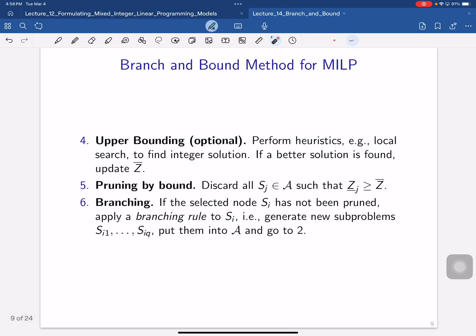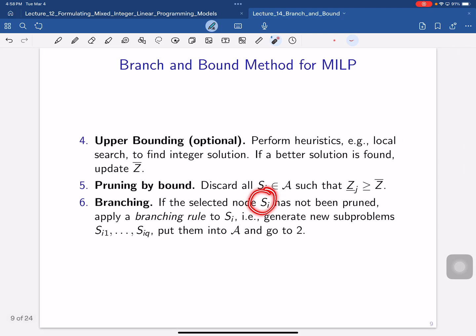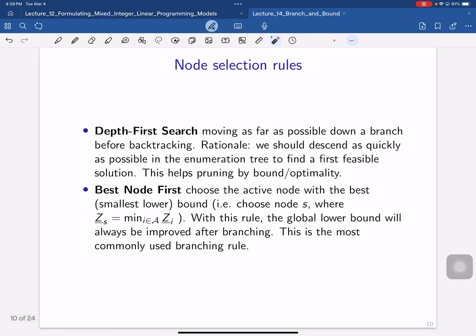After you solve the relaxation at node Si, let's suppose there are many variables that have not been branched yet. Which variables do you select to branch? This is called the branching rule. Okay. So let's talk a little bit about the commonly used node selection rules and the branching rules.